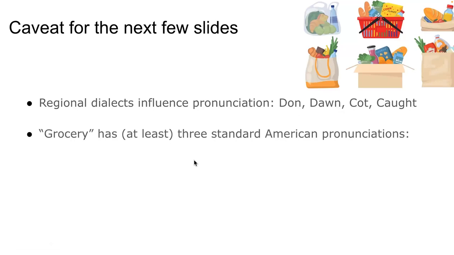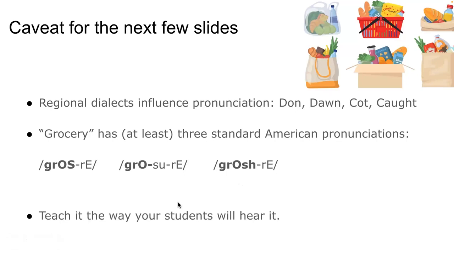One thing we came across as we were writing The Light of the World lessons, even within our editorial team, when we came to the word grocery, we had some disagreements because different people on the team pronounced it differently. I tend to say grocery, but some people say grocery or grocery with 3 syllables. So there's going to be a difference of opinion.